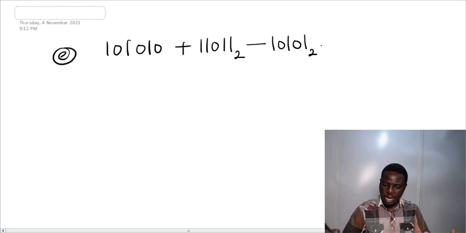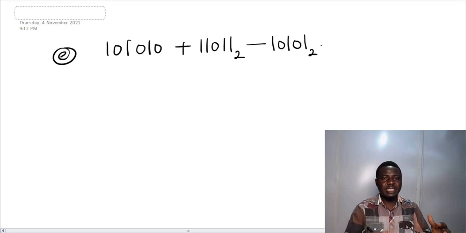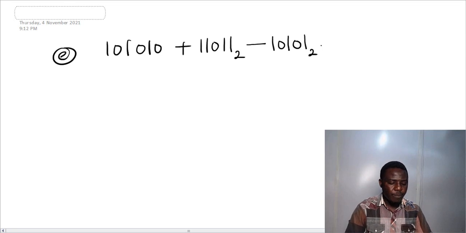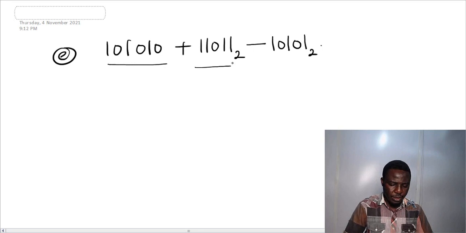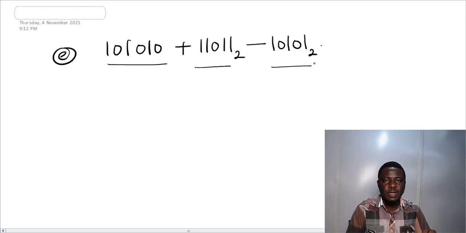Let's solve another example. Now in this example, it is a combination of both addition and subtraction. In solving this, you can either add up the first two terms, then whatever you get as your answer, you subtract the last term from it.